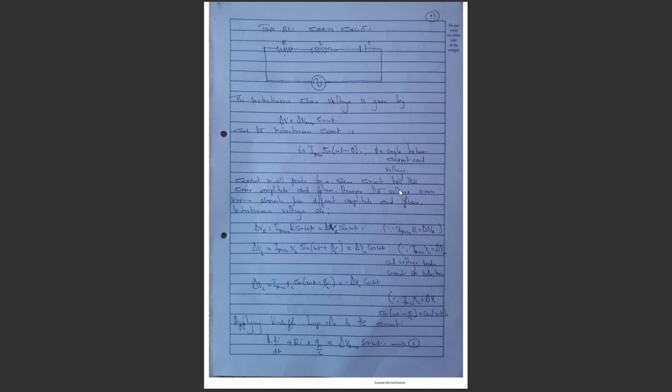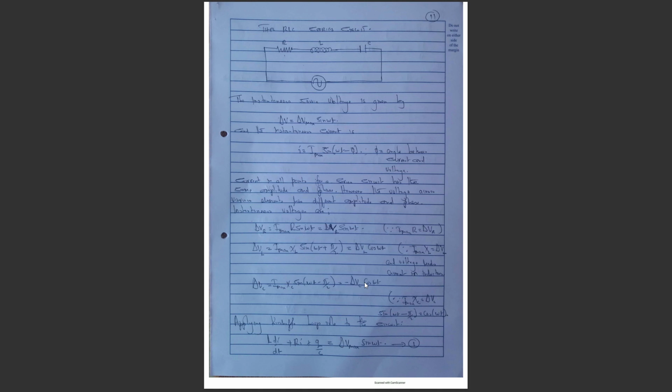Also, we're going to see the voltage across the capacitor, which is I max XC sine omega t. Now it is minus, it is not plus, it is minus. You have to see the difference between the inductance and capacitance. In inductance, the angle difference is an addition, but in capacitance, the angle difference is a minus. Remember our angle difference is phi, but here we take phi as pi over 2. Then it will be equal to negative dV c cos omega t.